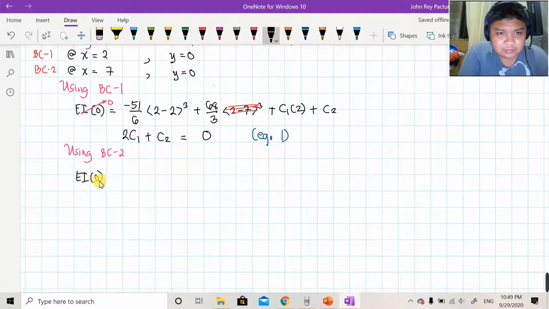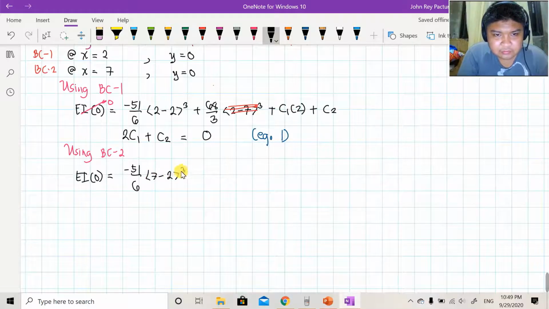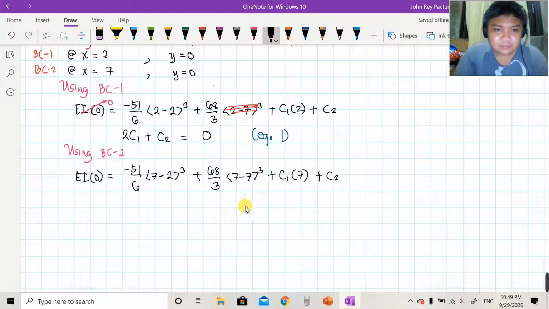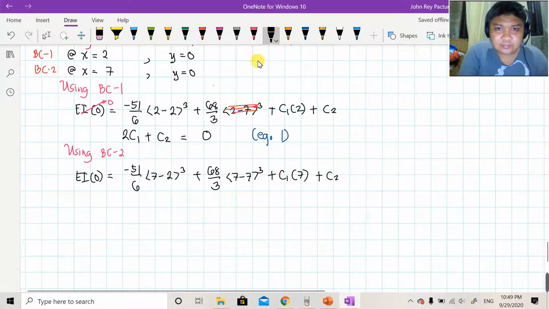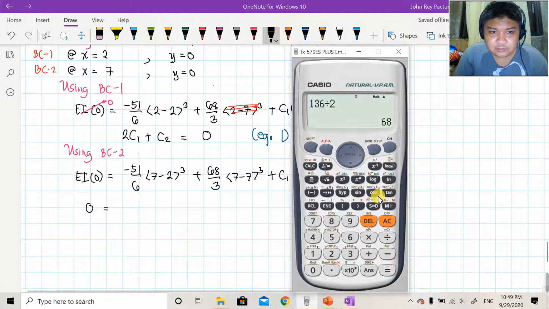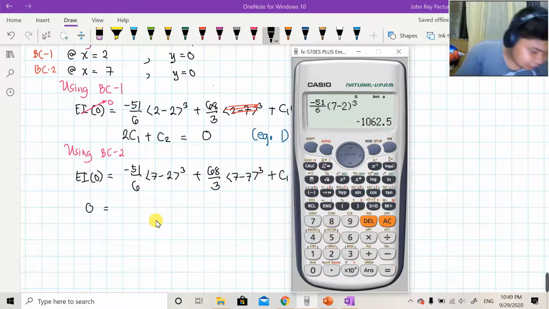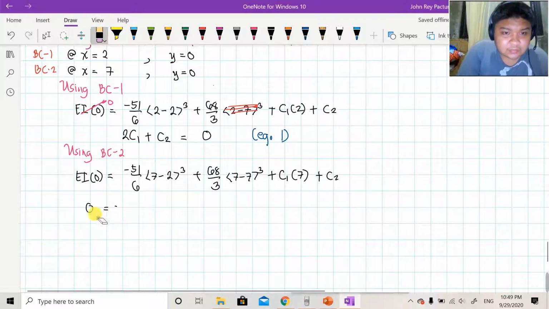So, EI times 0 again equals negative 51 over 6 times (7 minus 2) cubed plus 68 over 3 times (7 minus 7) cubed plus C1 times 7 plus C2, right? So, when we compute that, of course, this will be 0 equals, first, negative 51 over 6, class, times (7 minus 2) cubed. The answer there is negative 1062 over 5. Okay, so I hope that is clear. So negative, let me just fix this.